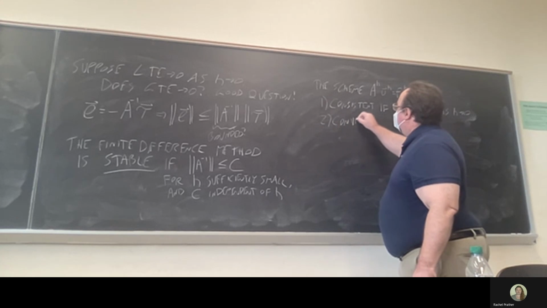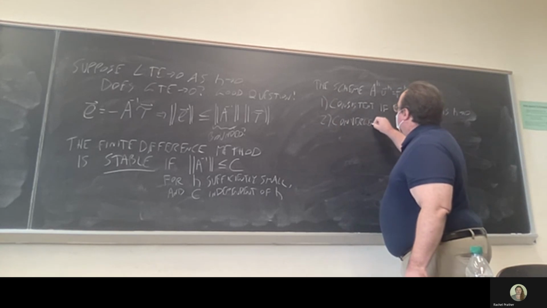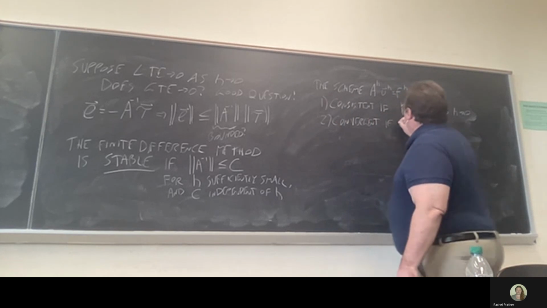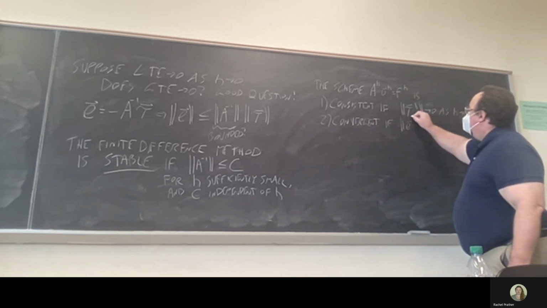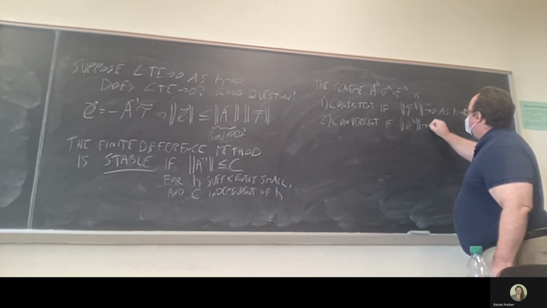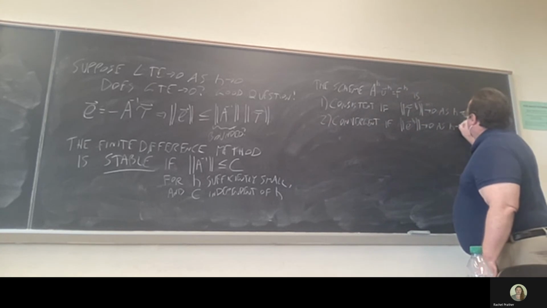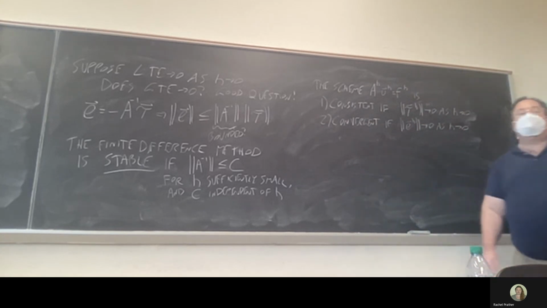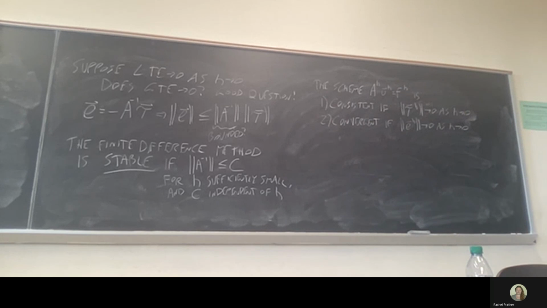But what we really care about is the scheme being convergent. And that's the case if the global truncation error goes to 0 as h goes to 0. So we want to show the method is convergent. It's just easier to show that it's consistent. But that's why we need the concept of stability.